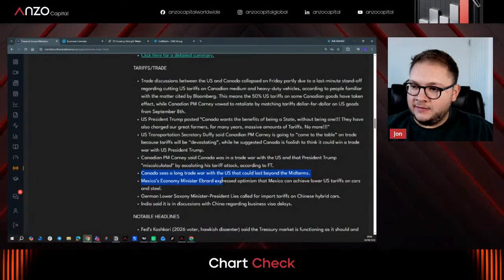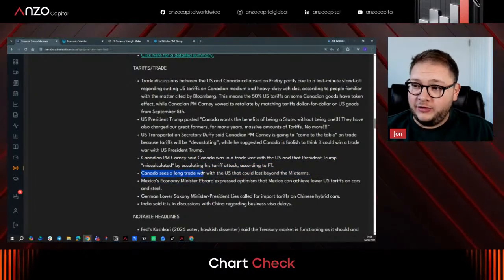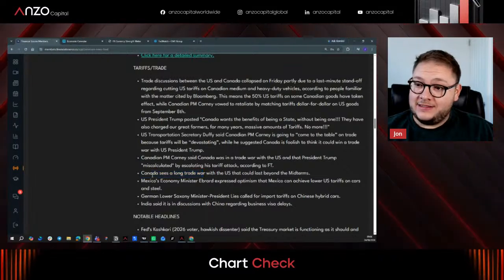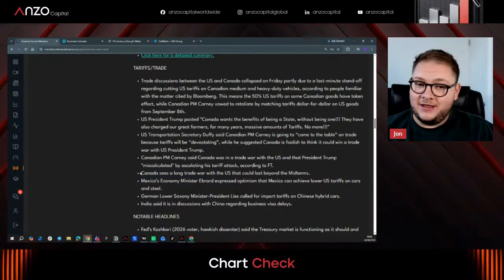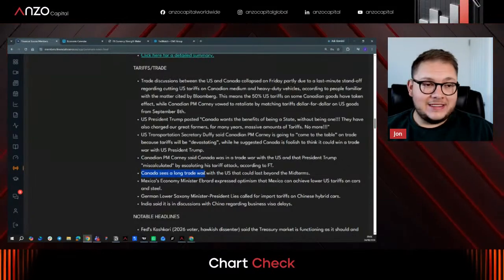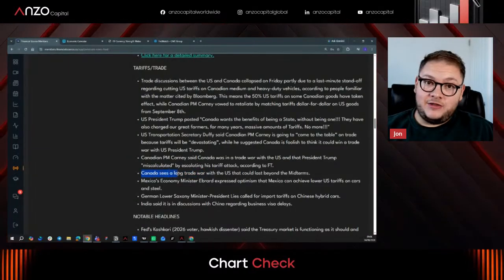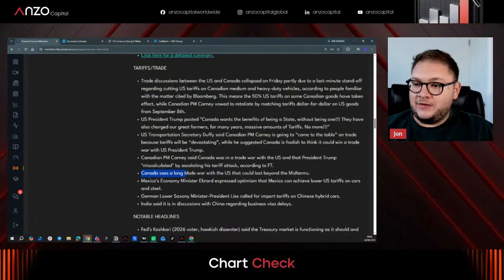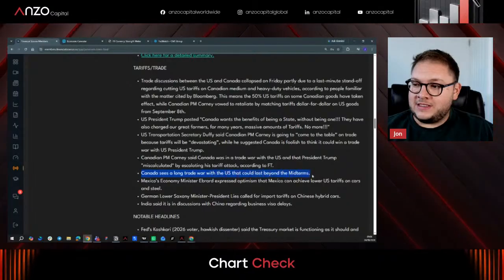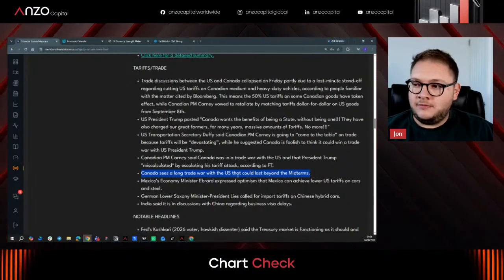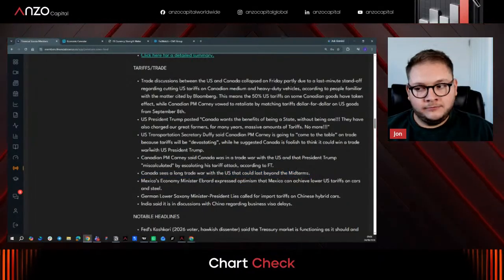Canada sees a long trade war. Okay, so this isn't going to be a quick job and done. And if it is, that's going to be obviously dollar CAD downside. But in the meantime, CAD could be coming into some further weakness now. Canada sees a long trade war with the US that could last beyond the midterms.